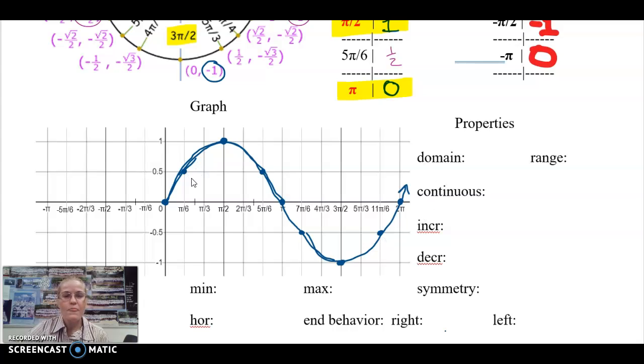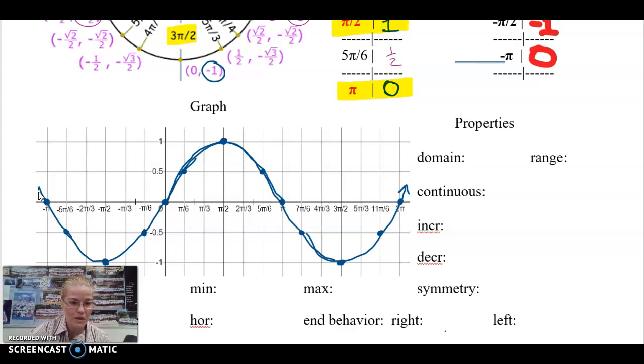The point is that it's not just a straight line up, straight line down, straight line down, straight line up. It's very curved, there's much more curvature to it. And then likewise, negative pi over 6 is going to be negative 1/2. Here I'm going to have negative 1. Here I'm going to have negative 1/2 again, and there at negative pi I'm back to 0. So this is graphing in a little bit more detail than necessary.